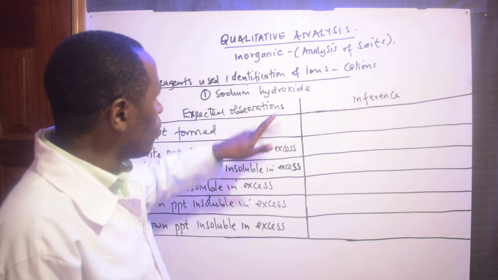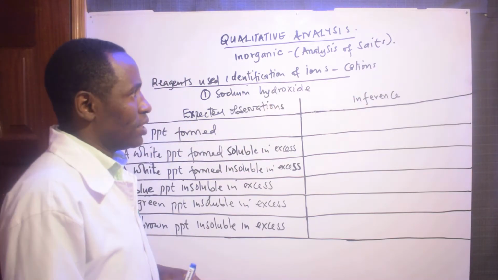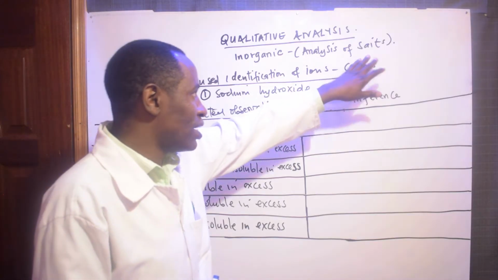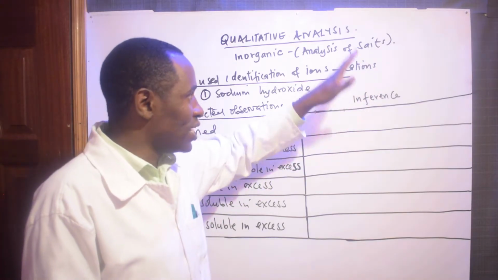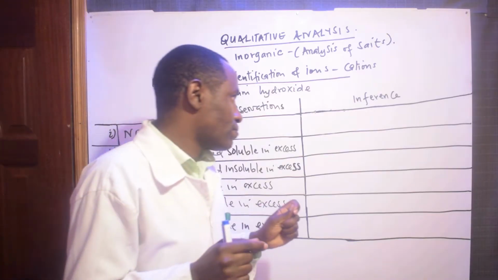Now, I want us to start by discussing the inorganic qualitative analysis, where we will be talking about the analysis of salts. Any salt will contain an anion and a cation.